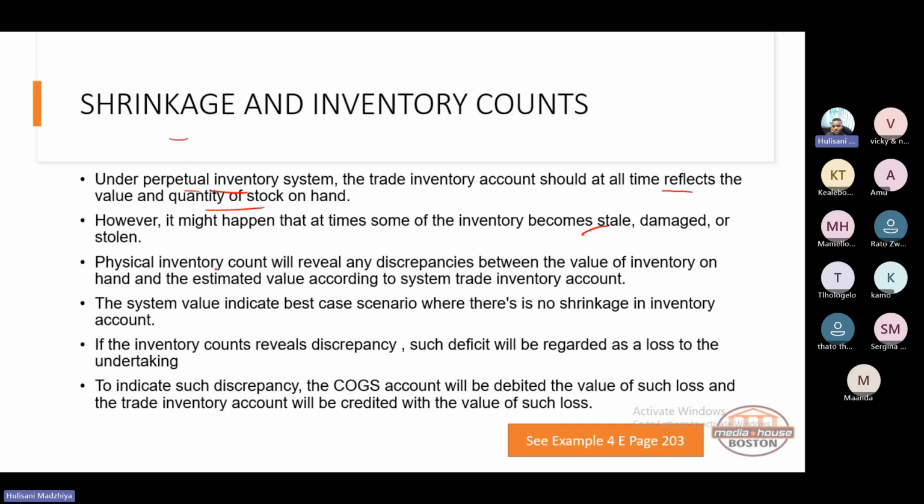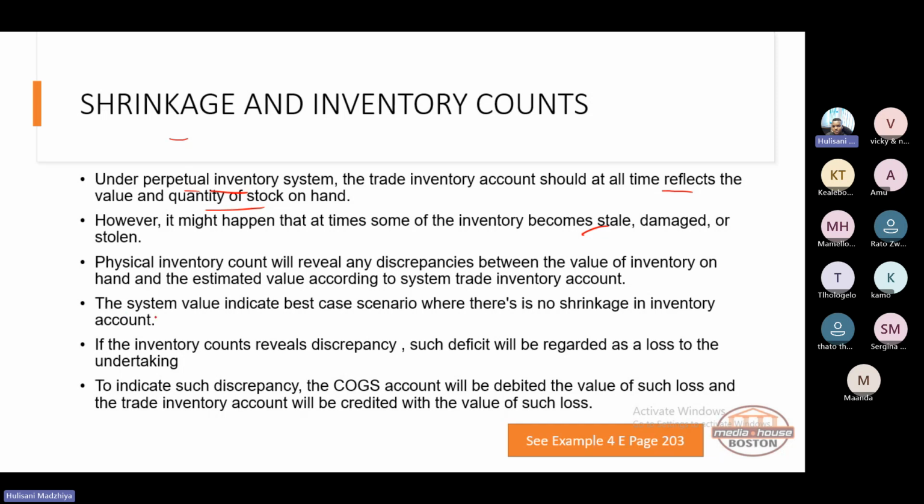But the physical inventory count will reveal any discrepancy between the value of inventory on hand and the estimated value according to the system, which is the trade inventory account. This is why perpetual is one of the easiest and best methods to adopt if you're going to run a business and want to track your inventory, so make sure you adopt the perpetual system.